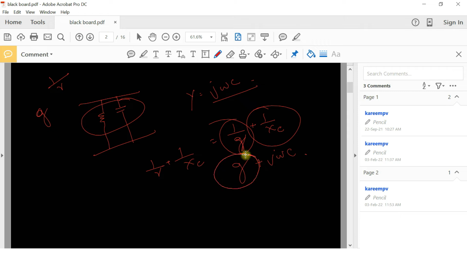Initially we had assumed that the transmission line is lossless or there is no resistive component as part of the shunt element. So in the analysis for the medium length transmission line, we have taken G is equal to 0. So in case of a lossless transmission line, G will be equal to 0.